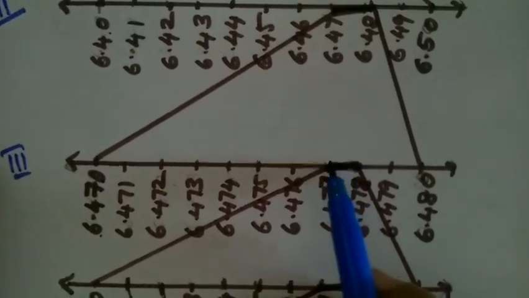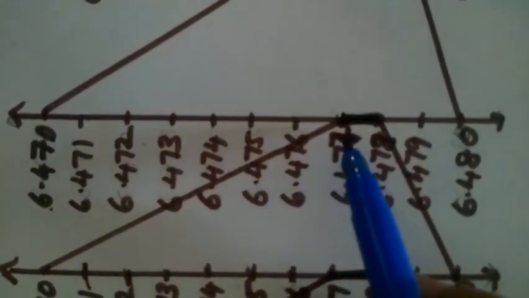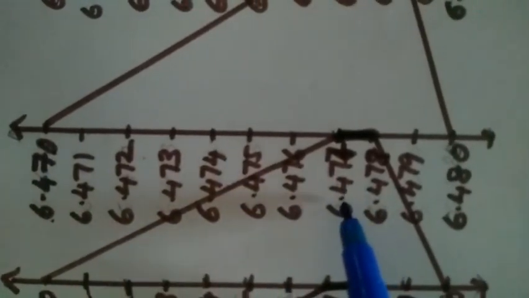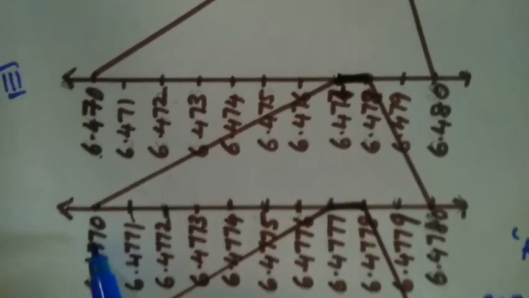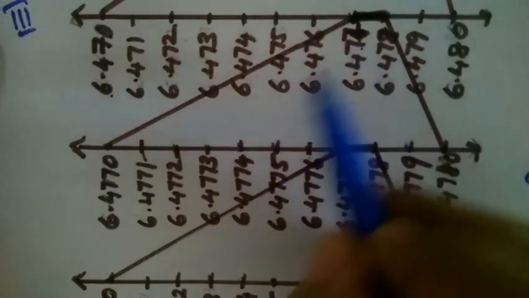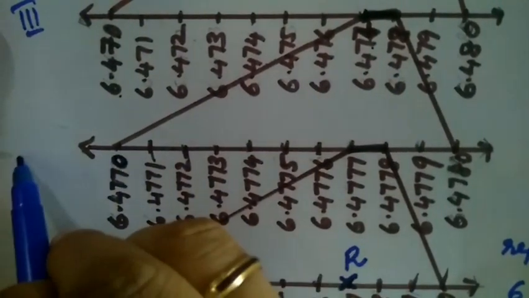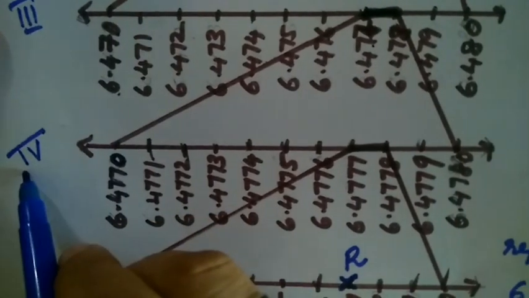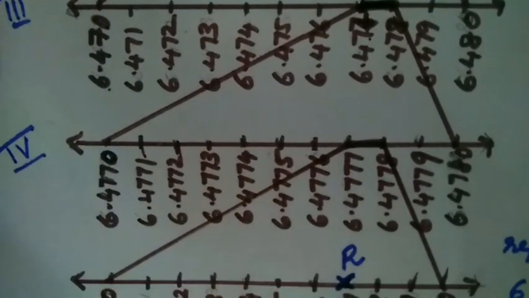The next magnification starting number is 6.477, 6.478. So the fourth step magnification starts with 6.477, ending with 6.478. But we have 3 decimals here, so we make 4 decimals by adding 0. So we again get 10 divisions.